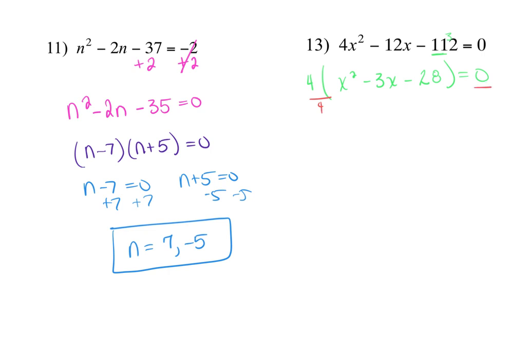If I were to divide both sides by that constant, I really just have to worry about the inside, factoring that. So two numbers that multiply to give me -28, but add to give me -3. That's going to be x minus 7, x plus 4. And then I'm right there at solving. Set them equal to 0 and solve.